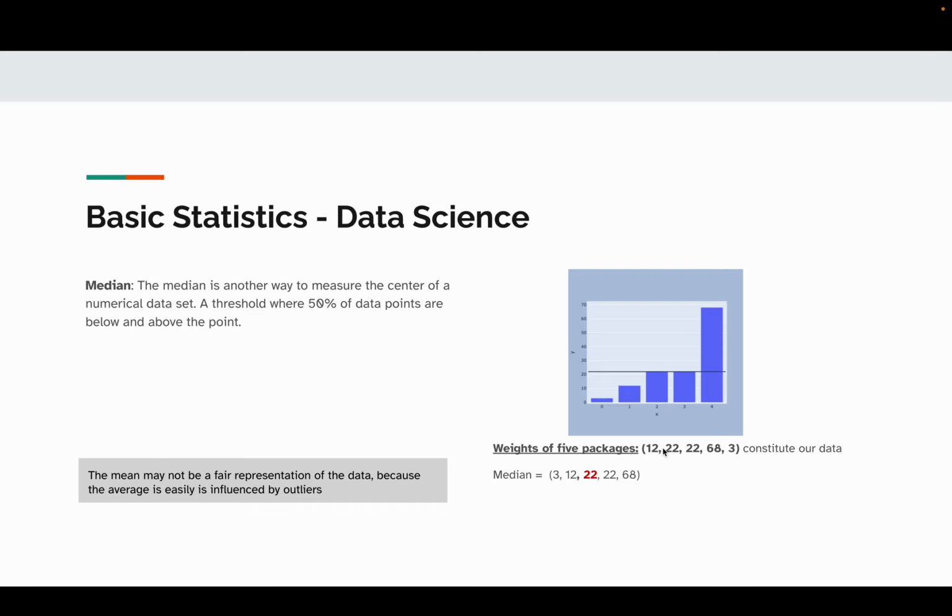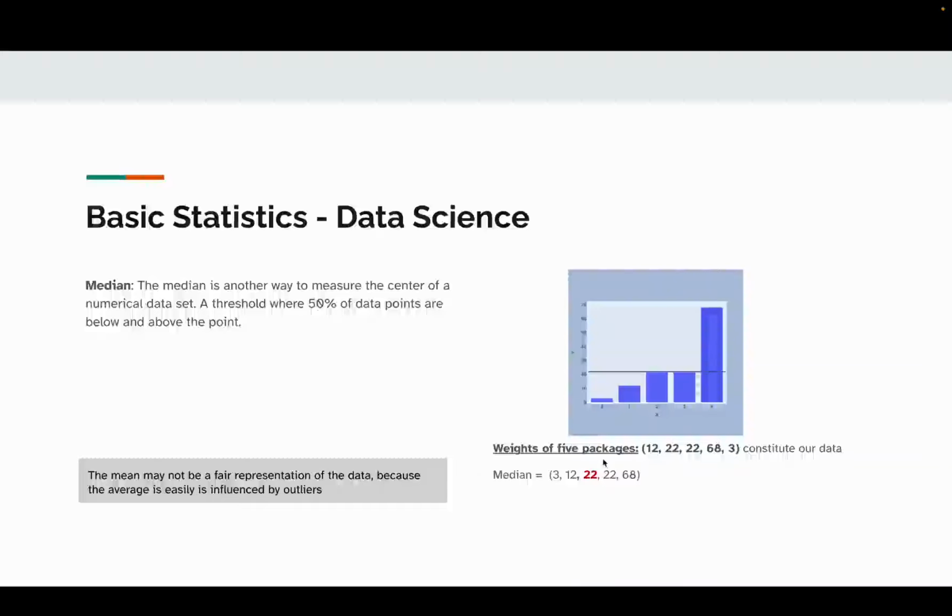So these package weights are 3, 12, 22, 22, and 68. If you order them from smaller to bigger and take the middle value as your representative value, this is how we define the median.